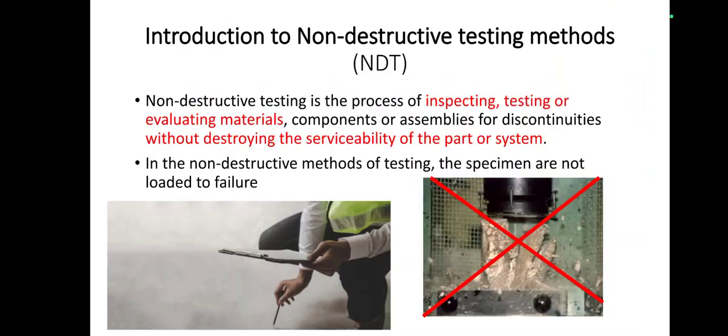Non-destructive testing is the process of inspecting, testing and evaluating materials, components or assemblies. Material means a cube, component means maybe a beam, column or slab, and assembly means a connection of beam, column and other things. We can make a combination of that, and this is done without destroying the serviceability. That is what is important. In the earlier case the serviceability is destroyed, but here we do not disturb the serviceability of the part and system. Without damaging the structure, we indirectly find its strength.